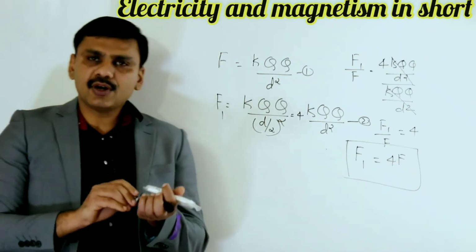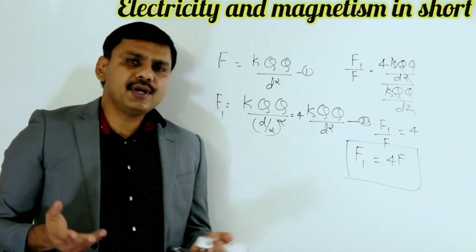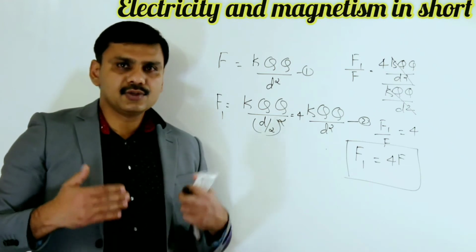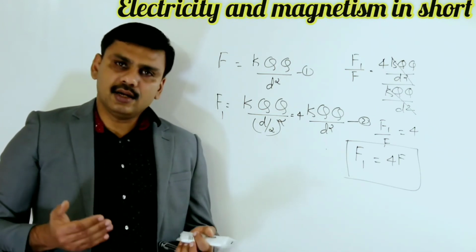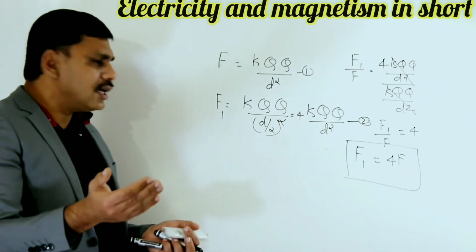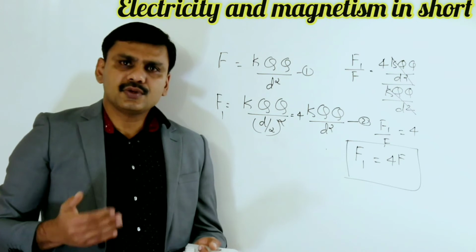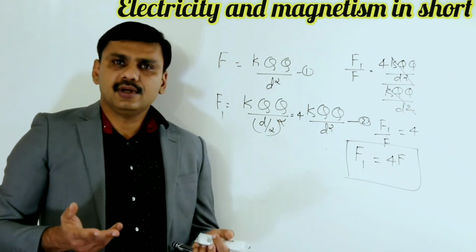Or simply, without doing this, it is a multiple choice question, so there is no need of writing full steps. In your mind you can calculate it. The distance here is d by 2. The distance is reduced, so the force will never decrease, it will only increase.